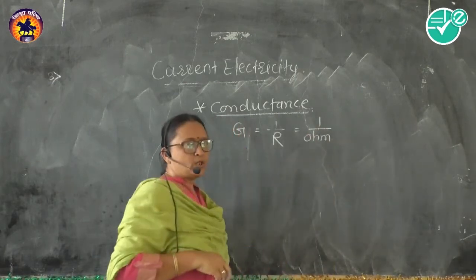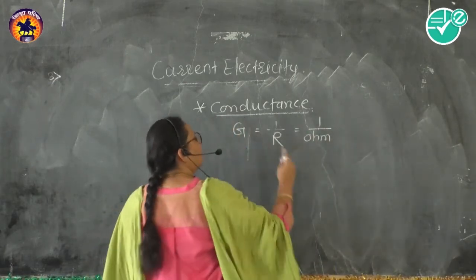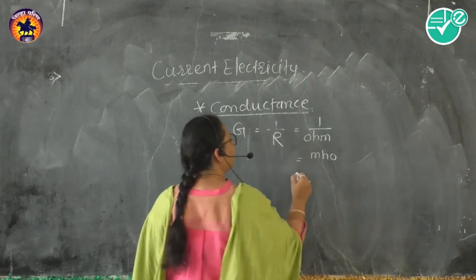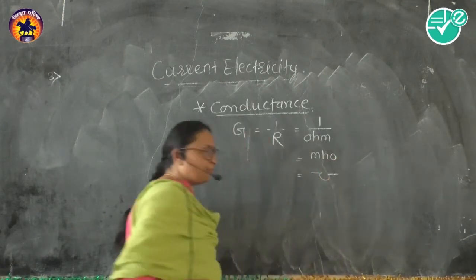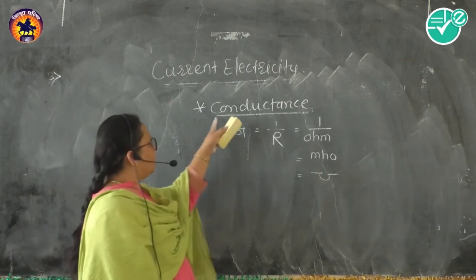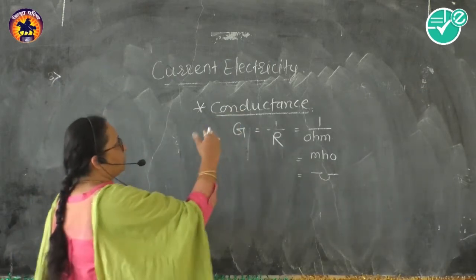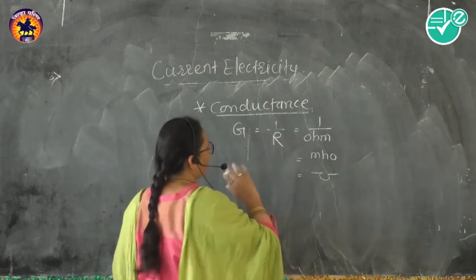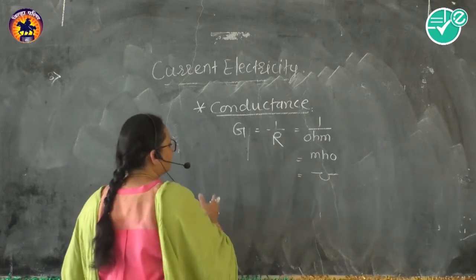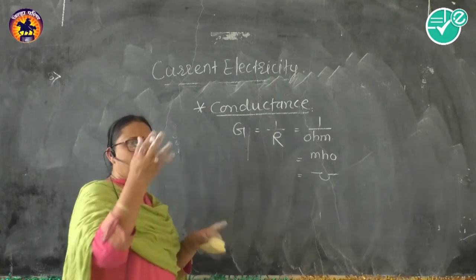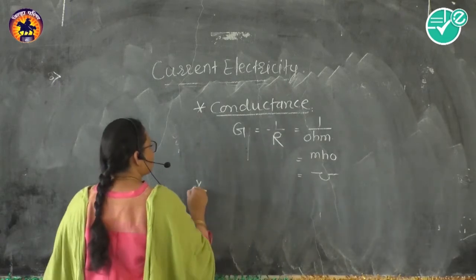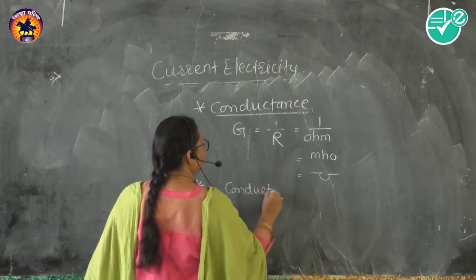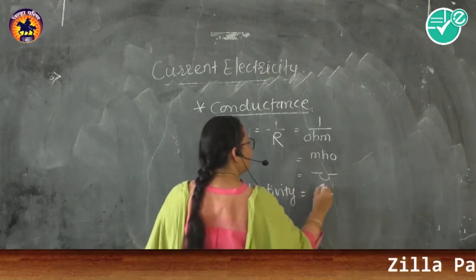It is also written as siemens, or 1 by ohm is equal to mho, and symbolically it is also represented like this. So this is conductance. If a conductor has a high resistance, then its conductance is very low. If the conductor has a very low resistance value, then it is a good conductor. And the next term is conductivity. It is denoted by sigma.